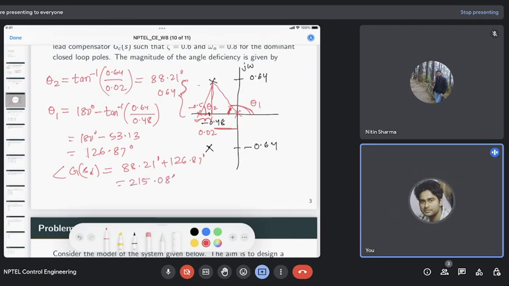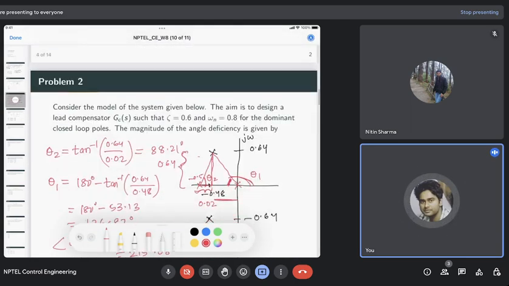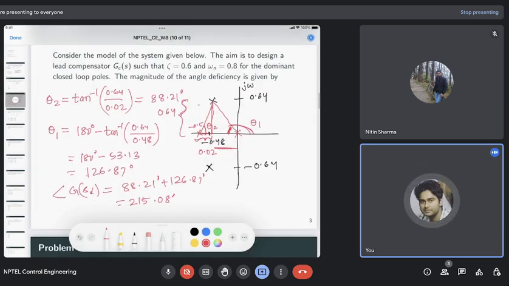Okay, so we see that this dominant pole actually does not lie on the root locus, right? Because this angle contribution should be minus 180 degree, but it's not.